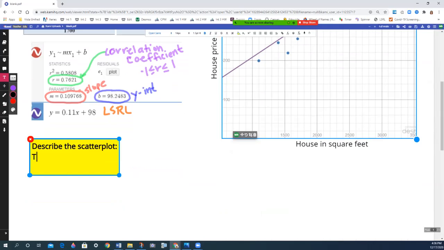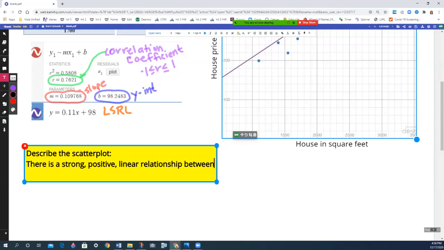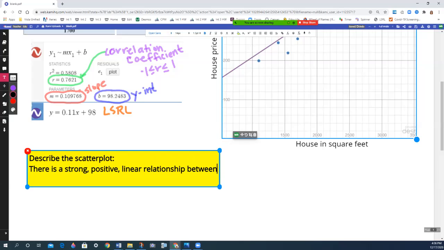I'm going to say there is a strong positive linear relationship between, and I'm going to talk about between what two things?